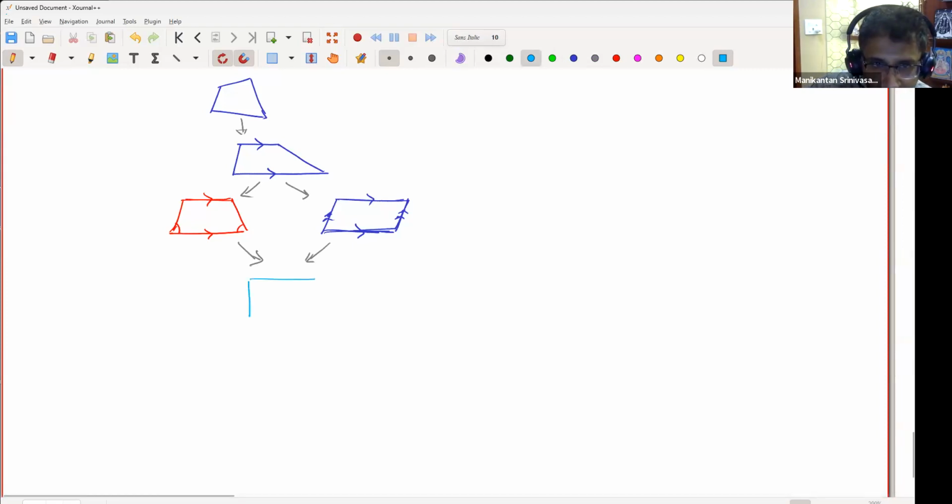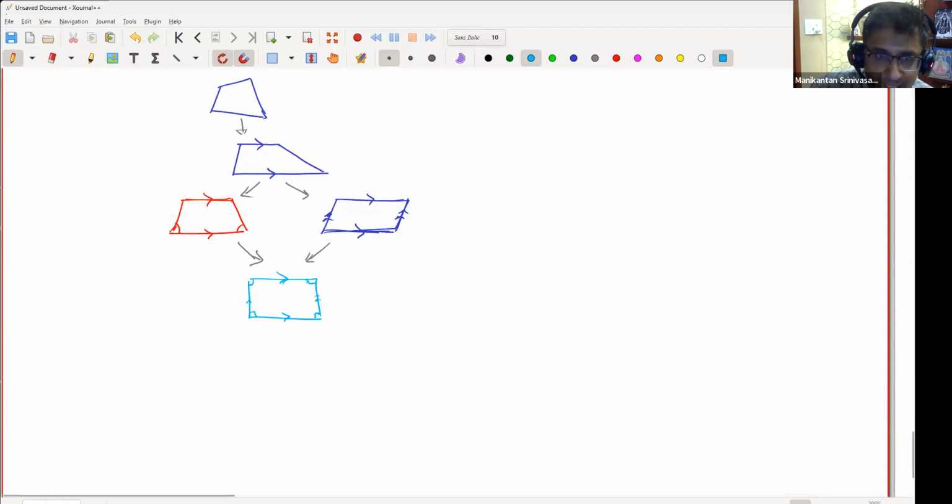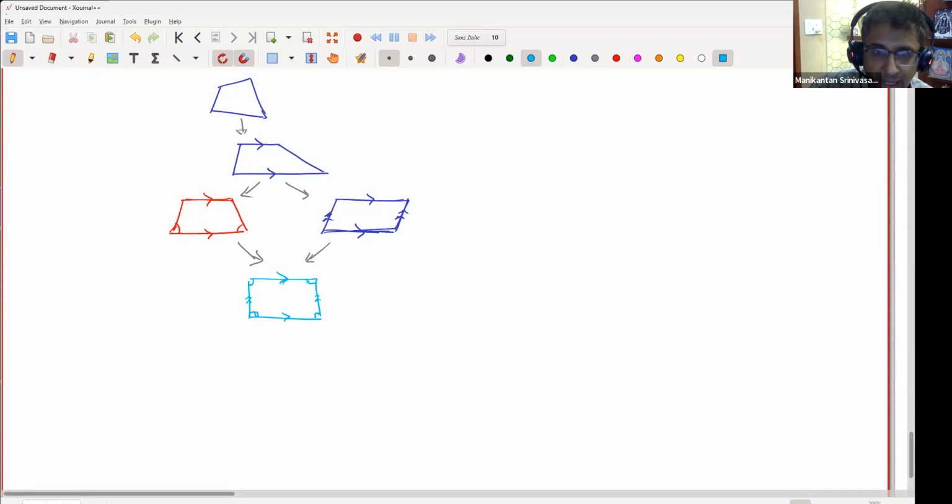So if you look at rectangle, it has the properties of both a parallelogram, as in both pairs of opposite sides are parallel. It also has the property that the two base angles are equal, namely 90 and 90 in this case, right? On the other hand, for a random parallelogram, these two are only supplementary.